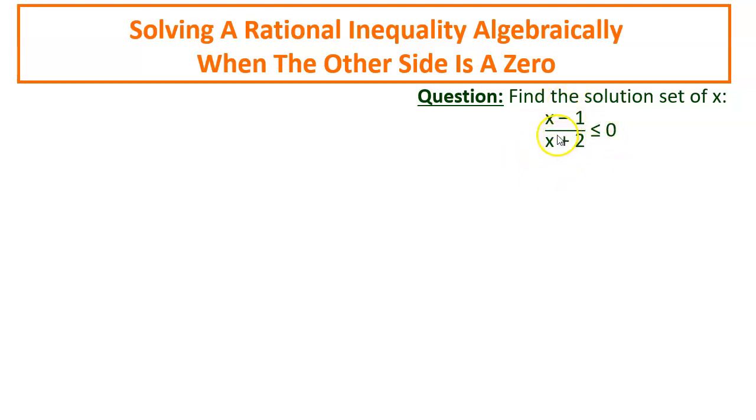A rational expression is always in the form of a fraction. There will be an algebraic expression in the numerator and another algebraic expression in the denominator. I'm saying algebraic expression, that doesn't mean it should be a linear expression like in this case. Instead of x minus 1, I can have x squared minus 1 as well.